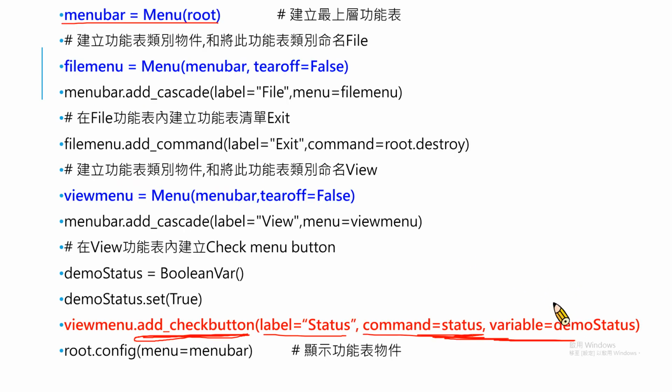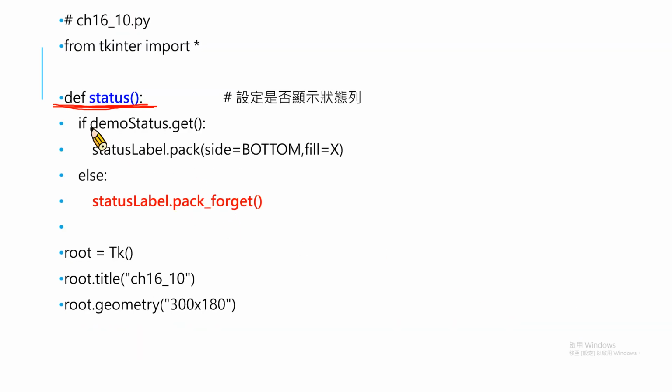And here we have a demo status variable, indicating if the check button is checked or not. So here we check the get, means we check the value of the demo status. So it means that we check the state, if the check button is checked or not.